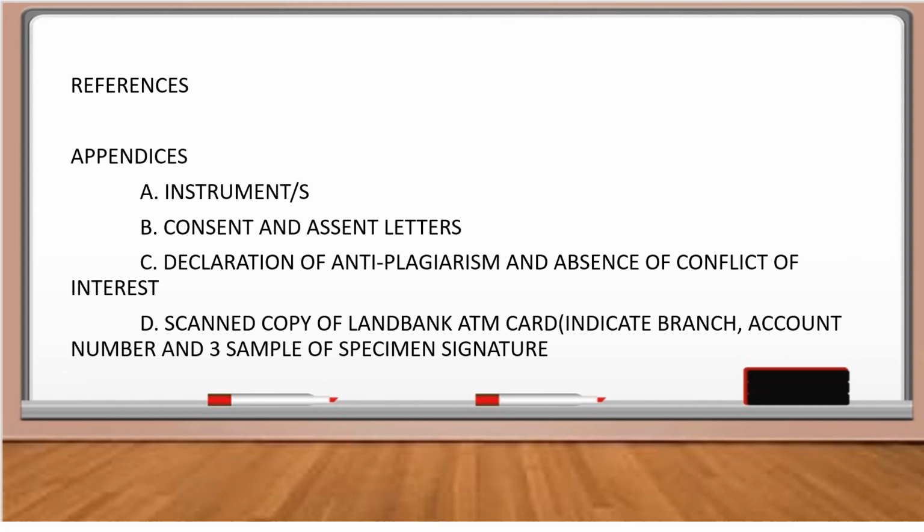Now, the scanned copy of Land Bank ATM card if you are applying for a BERP or Basic Education Research Fund. Kung hindi naman po kayo mag-a-apply ng research fund at dahil ito ay may deadline, you don't need to include your scanned copy of Land Bank ATM card.